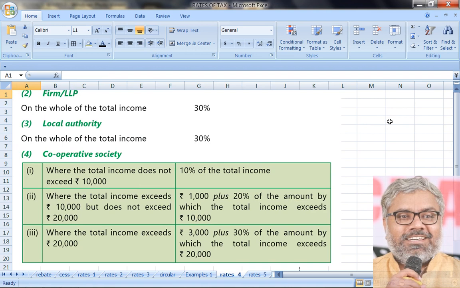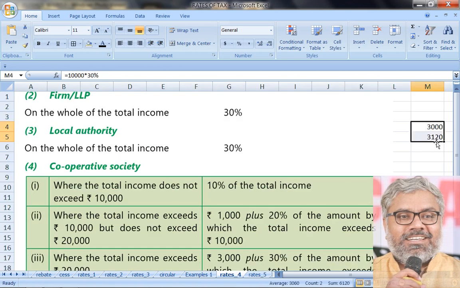So if a partnership firm has earned a profit of, for example, 10,000 rupees, it will pay a tax of 10,000 into 30%, that is 3,000, plus 4%, which is 3,120. It has to pay tax. That is the point here to note. 3,120 has to be paid by the firm.